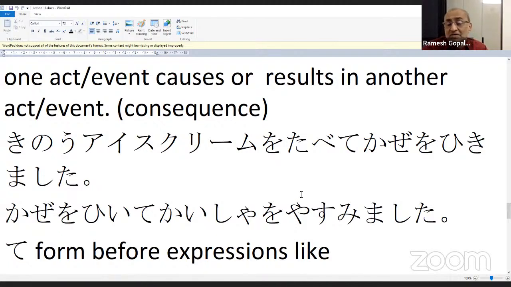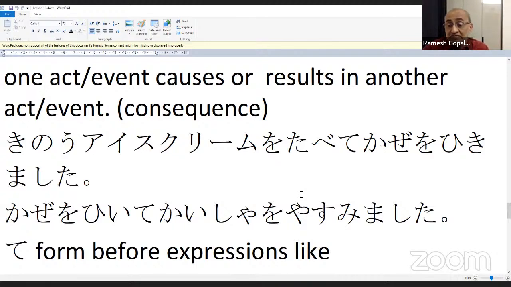Next, this is where I left you. Next, you use te form before expressions like kudasai. Kudasai means please. And before kudasai, it's always te kudasai.